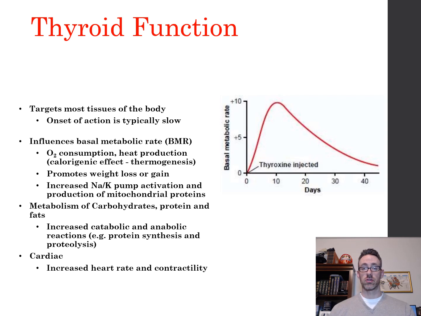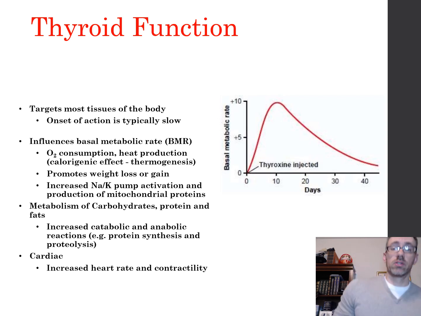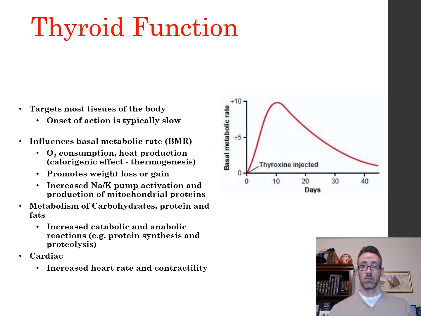And the opposite is true. So that would also promote weight loss or weight gain. If we have more thyroid hormone around, that would promote an increase in our BMR, and that would promote weight loss. Whereas a reduction in thyroid hormone would cause weight gain by the same logic.